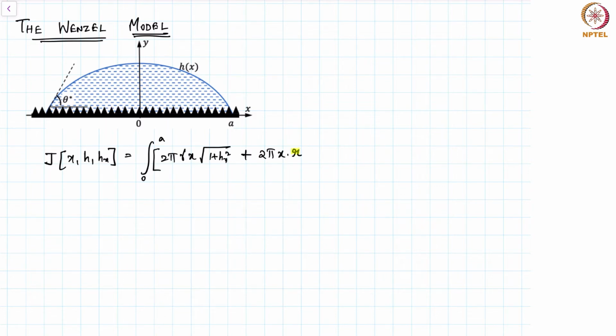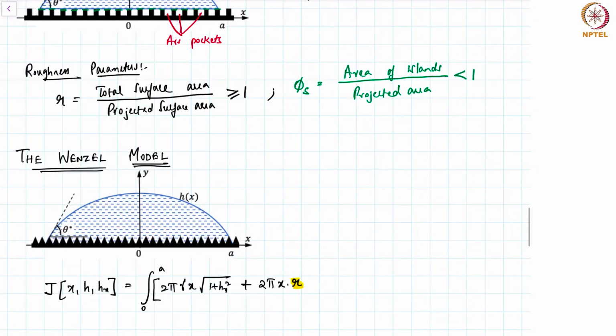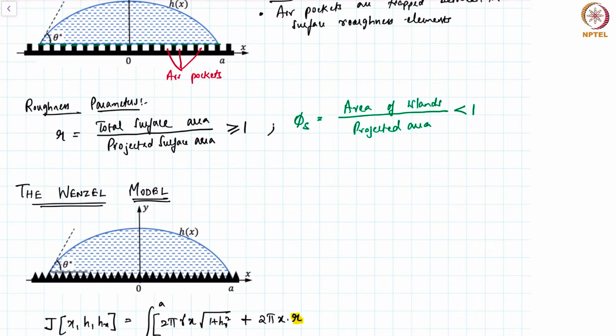This extra r tells me the increase in the surface area. Recall the definition of r: total surface area to the projected surface area. Projected surface area is what you would have if this surface was absolutely smooth in the Wenzel model. But the total surface area is nothing but r times the equivalent flat surface area, or the projected surface area.